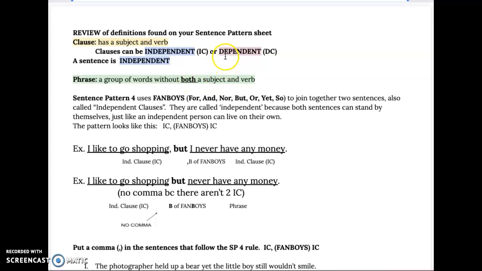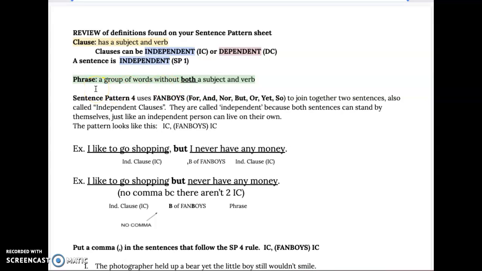A fragment is dependent. So if you have just part of a sentence. And this, by the way, is also known as sentence pattern 1. So sentence pattern 1 is a sentence, and that is an independent clause. All right. So let's take a look.